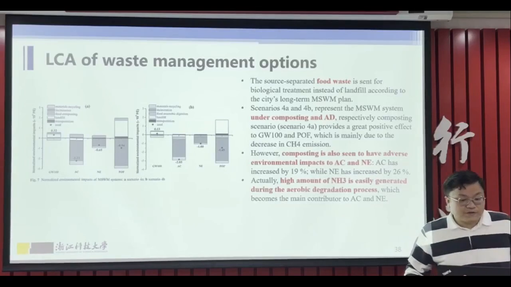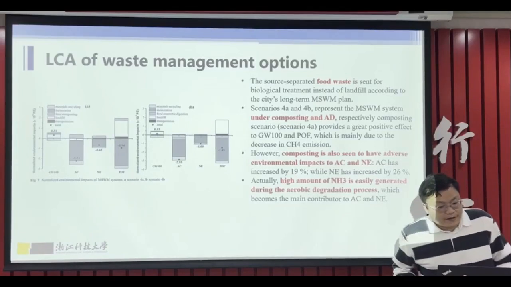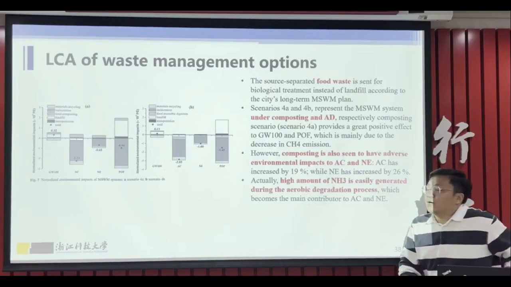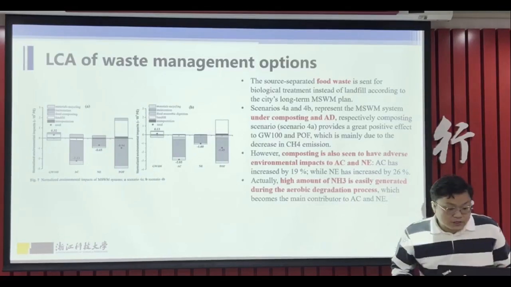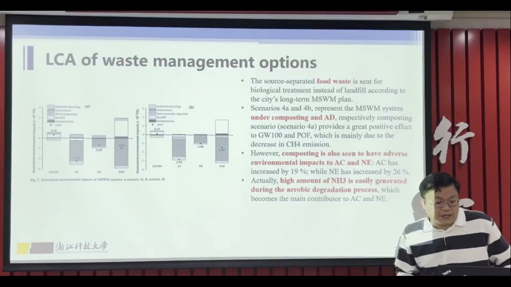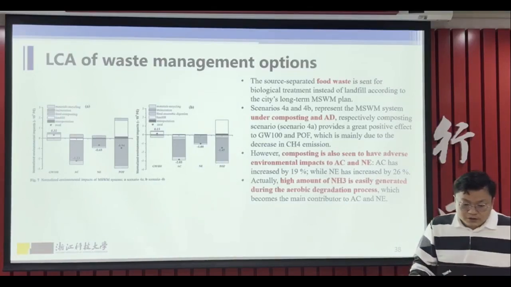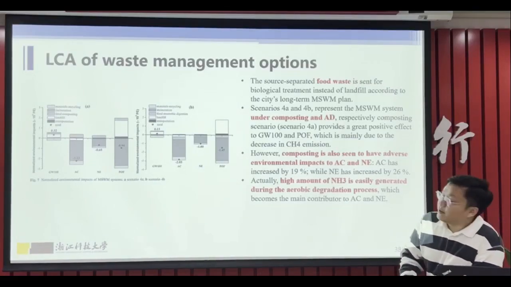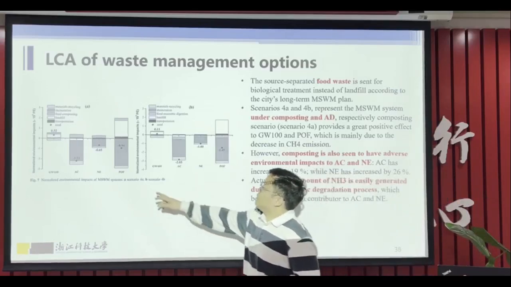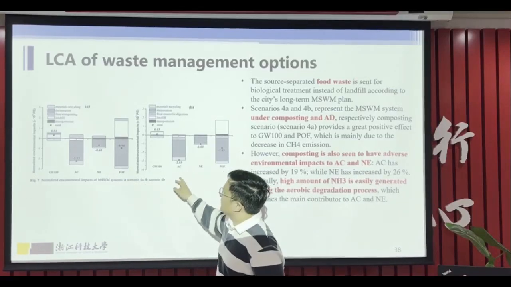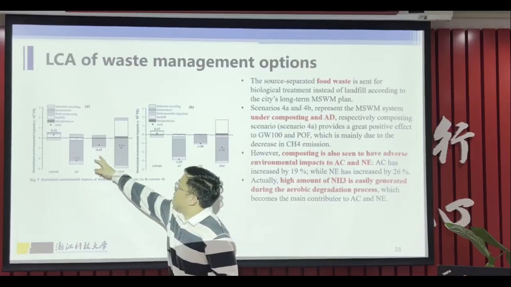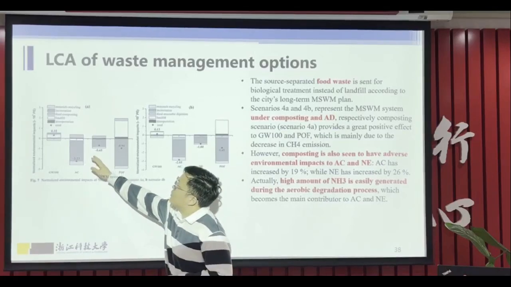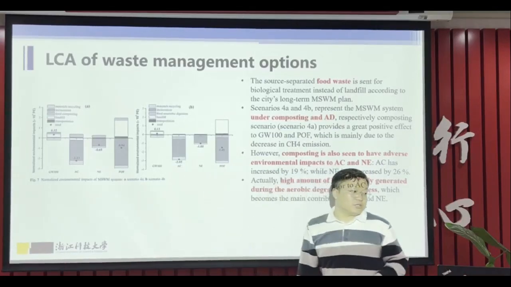So scenarios 4A and 4B represent the municipal solid waste considering composting and anaerobic digestion respectively. As we can see, both of these technologies have good effects on reducing environmental pollution.